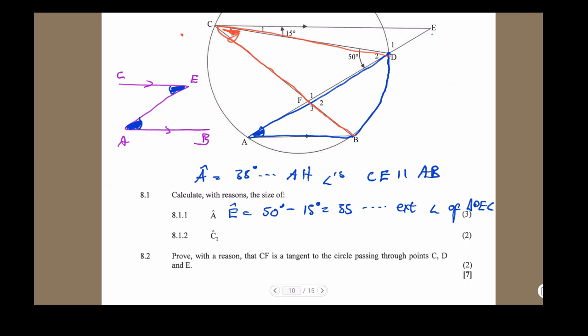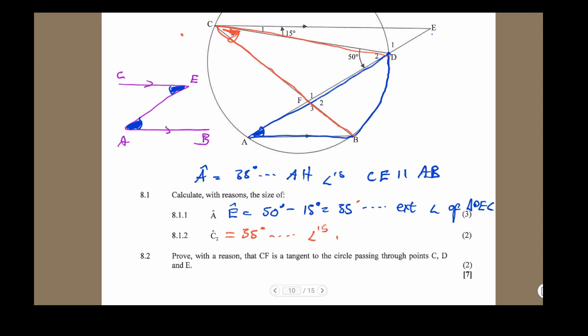So C2 is going to be 35 also. The reason you are saying it is 35 is the angle subtended by the same segment.